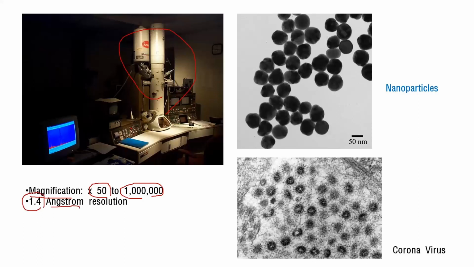And this figure shows the TEM image for nanoparticles. The size of nanoparticle is about 100 nanometer. And this here shows the TEM image of coronavirus, and also the size of this coronavirus is about 100 nanometer.